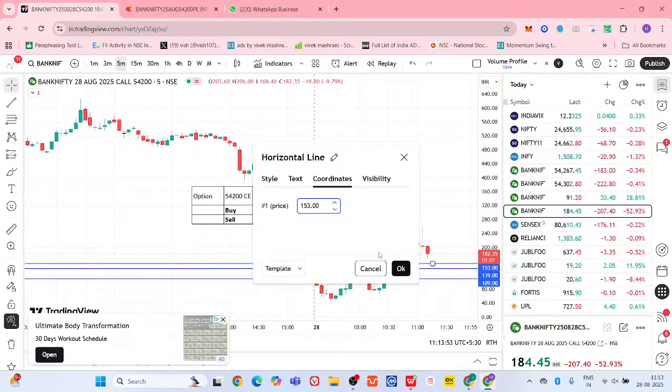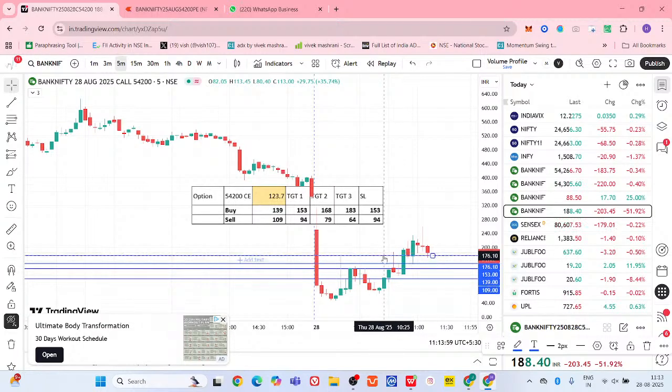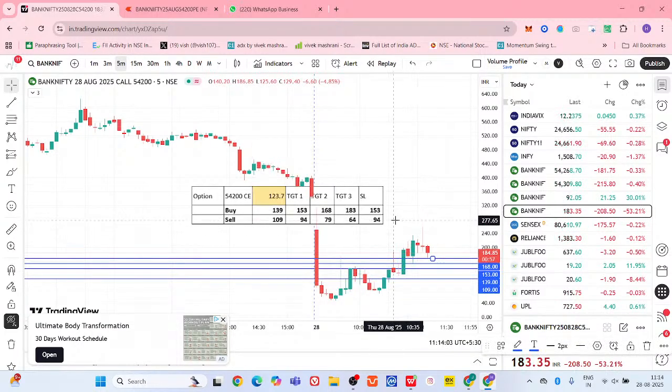This is small according to me, but right now the volatility is low because of monthly expiry. 168, very low target, but all targets fit. 250 was made, right?